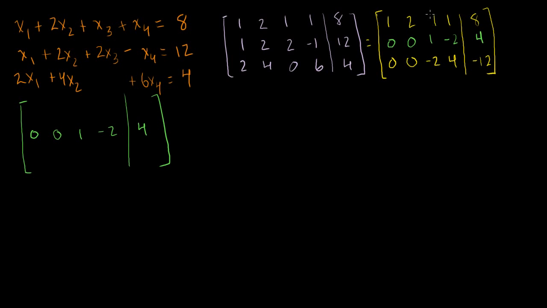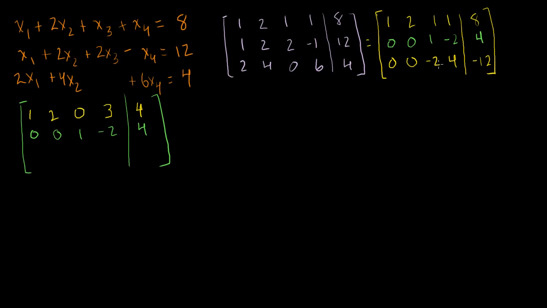So how do I get rid of this one here? Well, I can replace row 1 with row 1 minus row 2. So 1 minus 0 is 1. 2 minus 0 is 2. 1 minus 1 is 0. 1 minus minus 2, that's 1 plus 2, which is 3. And then 8 minus 4 is 4.